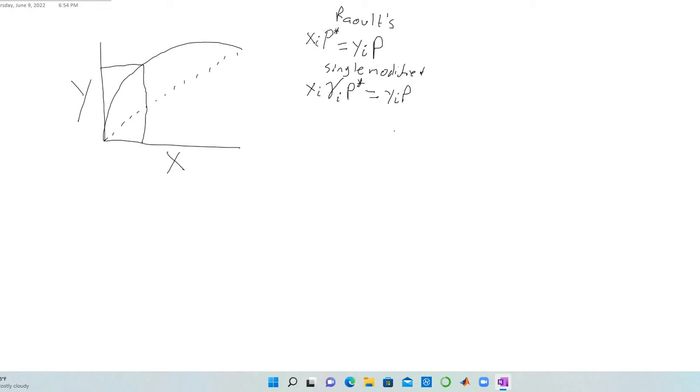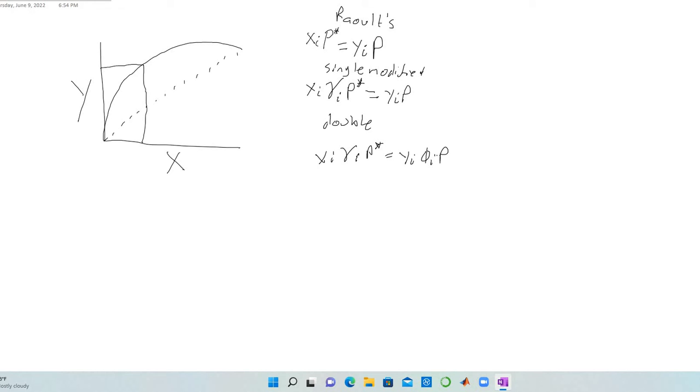When we do Raoult's law like this, we typically are going to modify the liquid phase first, because non-idealities come from the fact that molecules interact with each other. And since in a liquid the molecules are touching each other by definition, we modify that side first. Then we can have doubly modified Raoult's law as well, where we have x_i, gamma_i, P*_i equal to y_i, phi_i, P. And that phi_i is the fugacity coefficient.